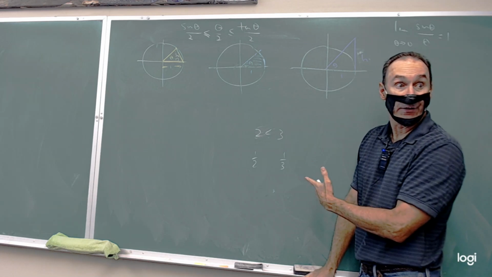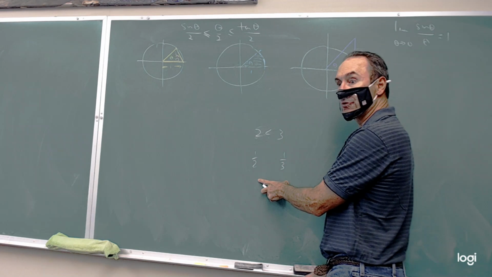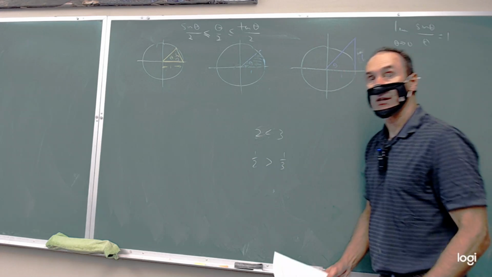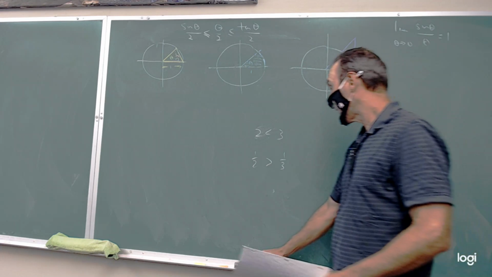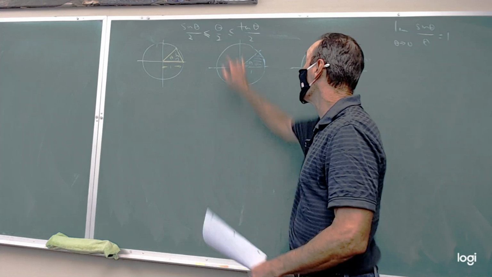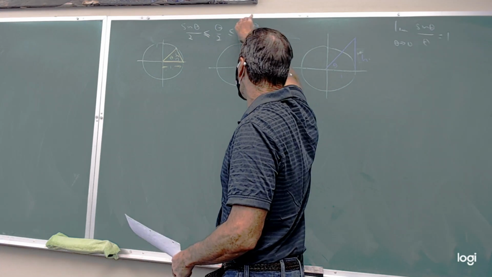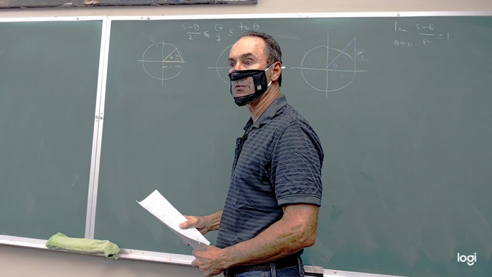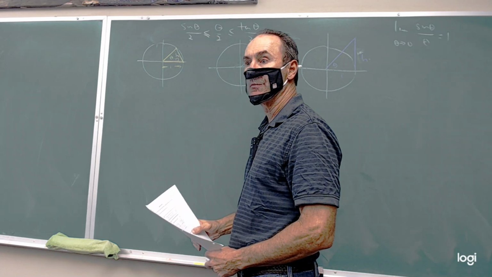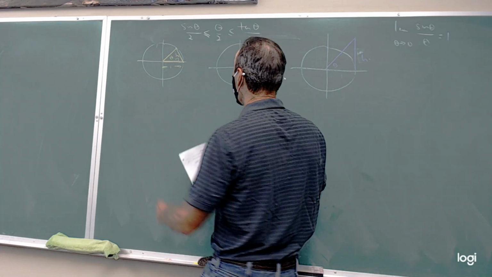That's bigger now. So when you take the reciprocal of both sides of an inequality, you have to change the direction. So that's what I'm going to do on both of those inequalities. I'm going to take the reciprocal of everything here, but I'm going to have to switch the direction on the inequalities.